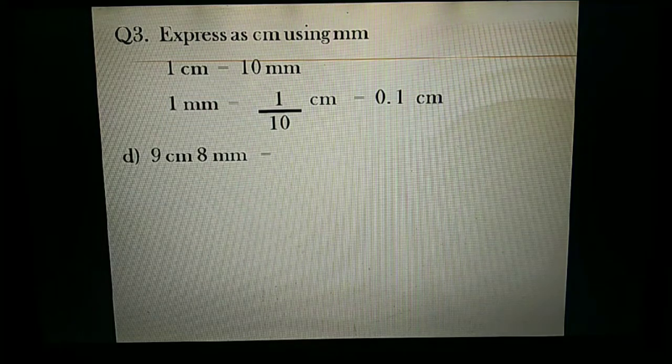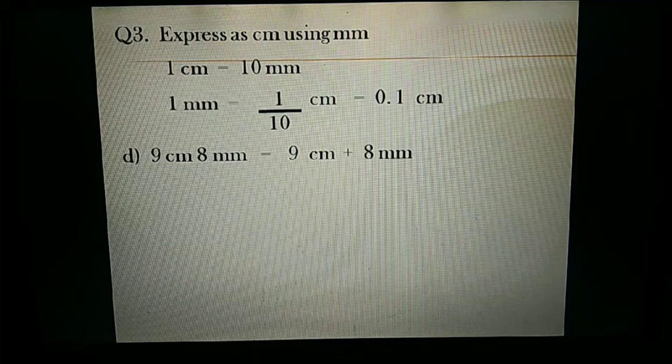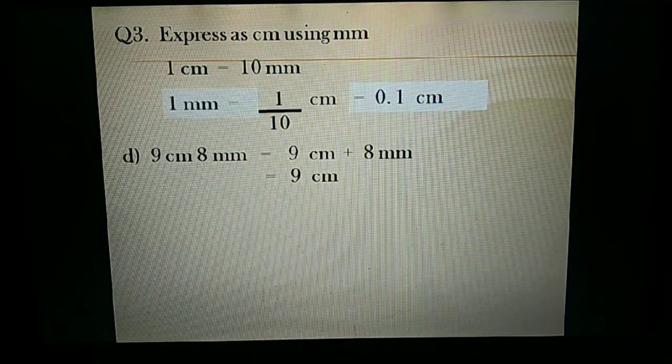Next, it's 9 centimeter 8 millimeter. So we will write it as 9 centimeter and 8 millimeter. Yes, it's 9 centimeter. Convert the second part into centimeter. We will have by formula 0.8 centimeter.